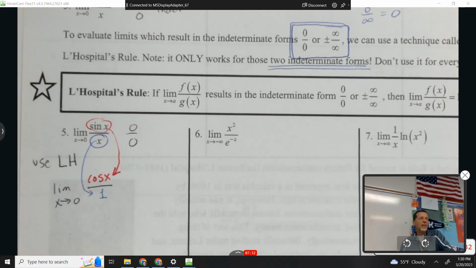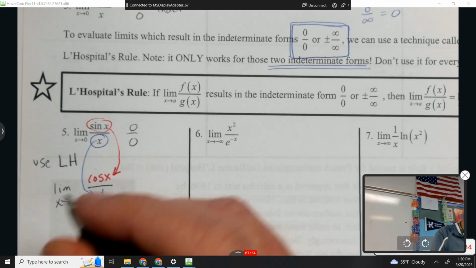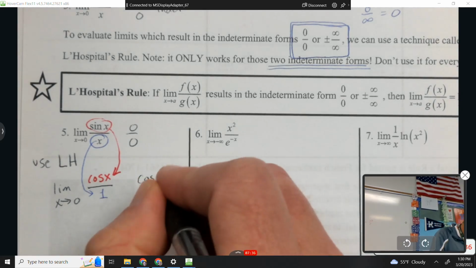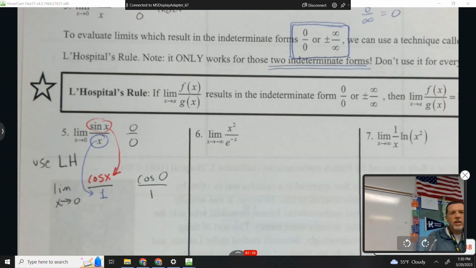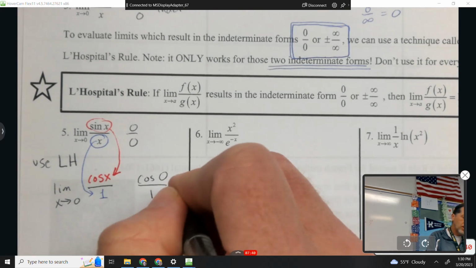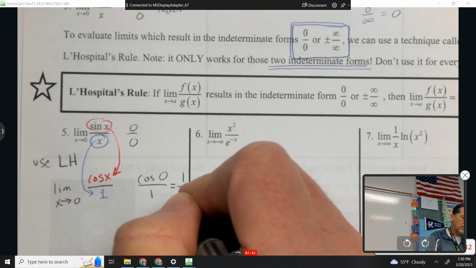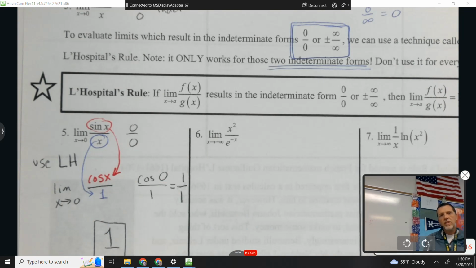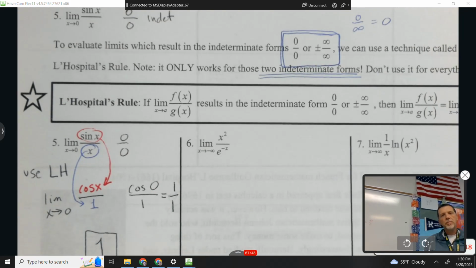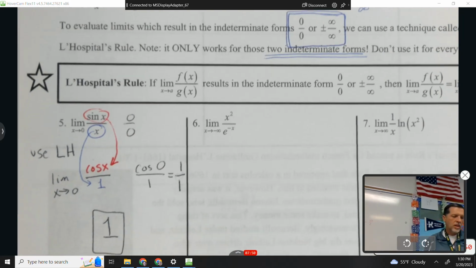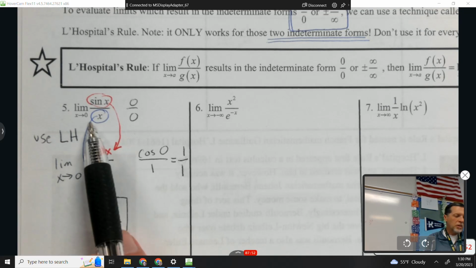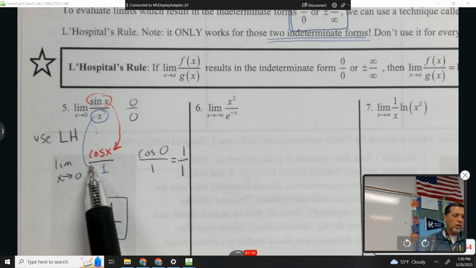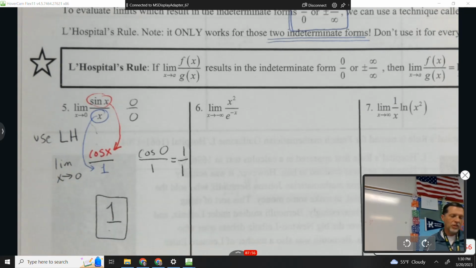And then we try again. So plug the 0 in. Cosine of 0 is 1, and 1 over 1 is equal to 1. So that answer is 1. Even if you didn't have that one memorized, no big deal. One step of L'Hopital and you're good.